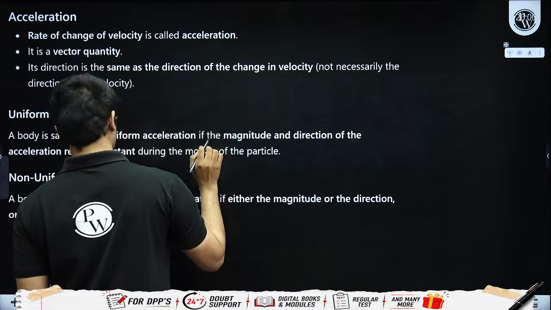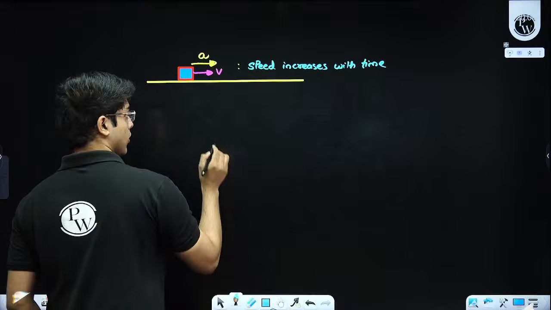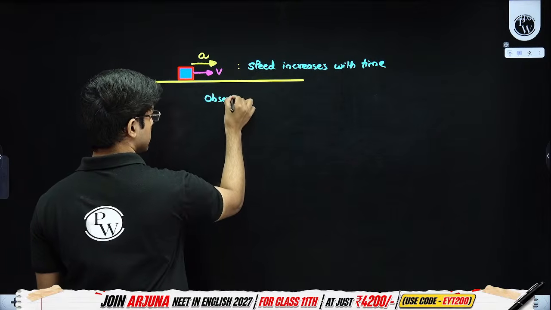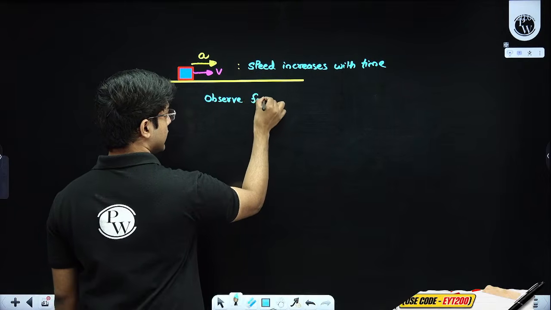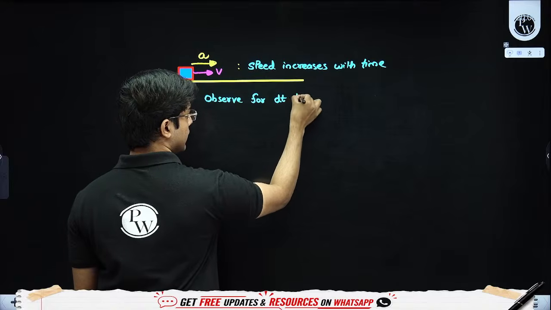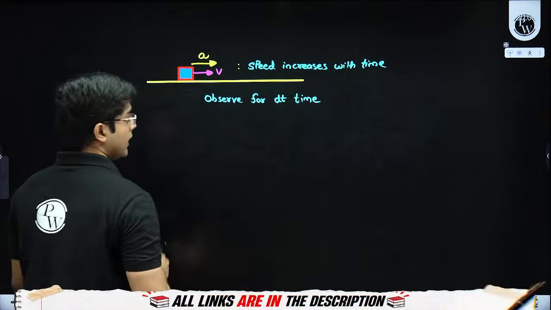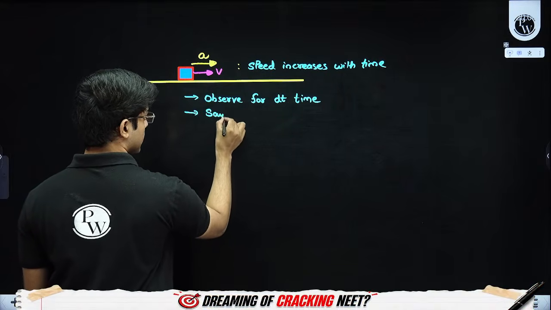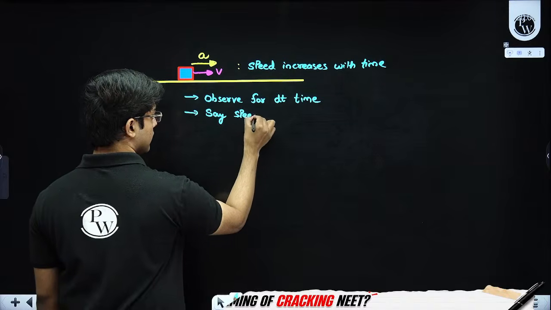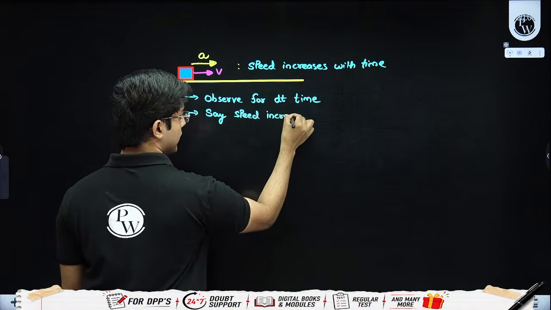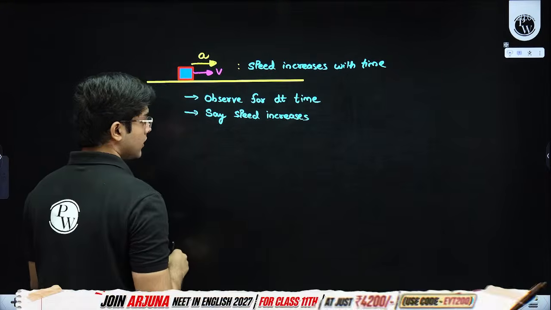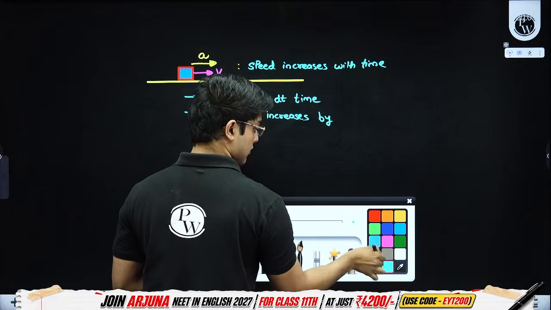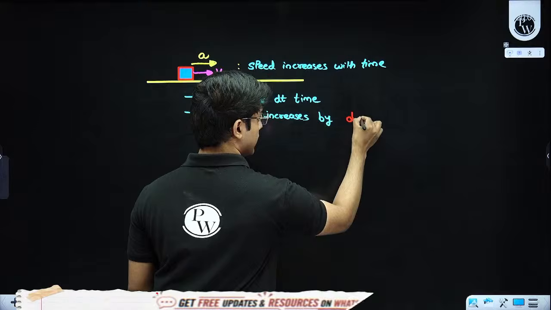Here we will try to relate acceleration and velocity like that. Step 1 is to observe for a dt time duration. In this duration, the speed will increase by only a small amount. Say speed increases by dv.